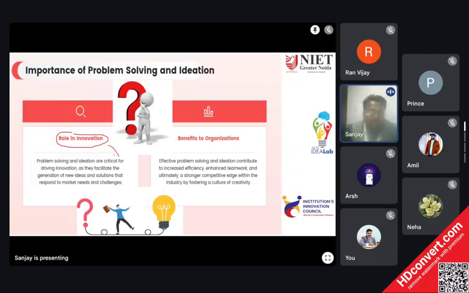Innovation can be a key for unlocking any lock related to the problem.